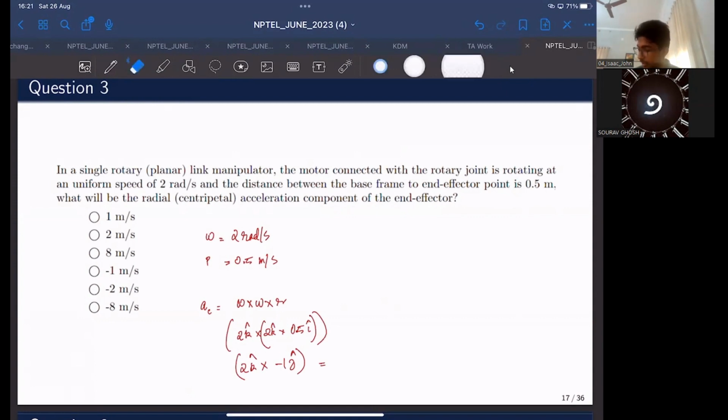Sorry, I think I made a mistake. K cross i is j. This would be 1j. And we also have a 2k term remaining, 2k cross 1j. K cross j is minus i. So this would be minus 2i.